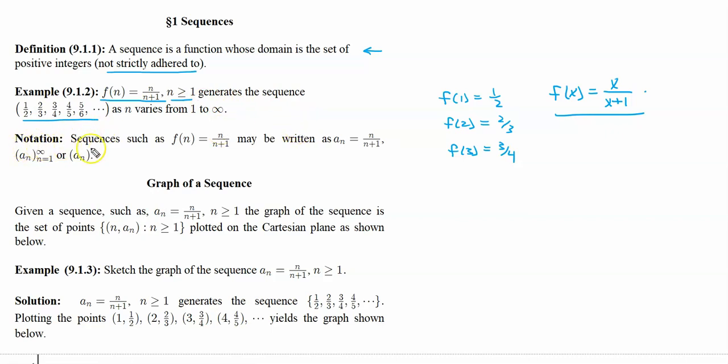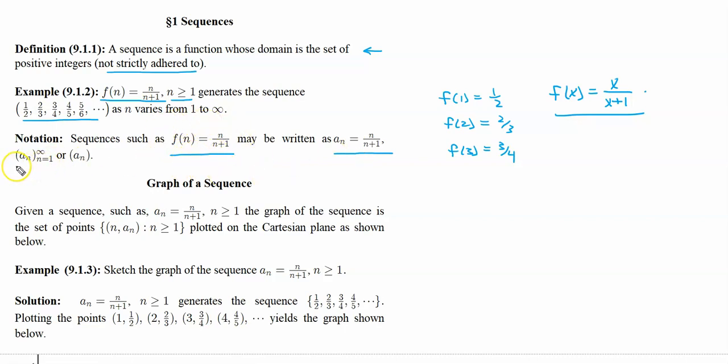Now here's some notation also. Instead of the function notation, oftentimes you'll see sequences written using a sub n to denote f of n. This simply makes it a little clearer that you're studying a sequence and not some function.